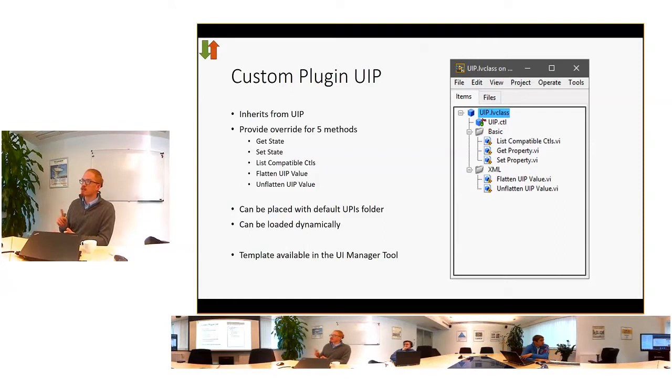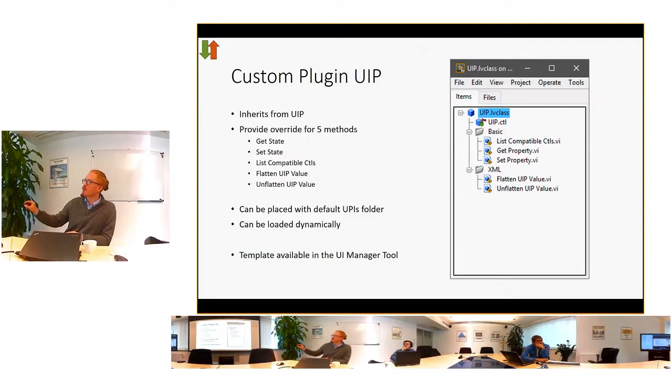It's get state, set state. This is for working with VI server properties. The list compatible controls. So this essentially informs the tool, hey, these are the types of VI server classes that this property can work with. So for example, you mentioned Boolean control.